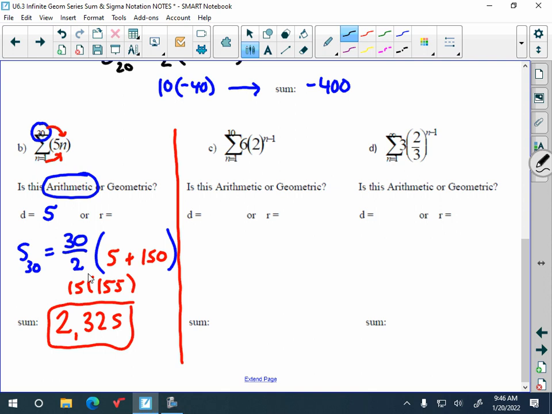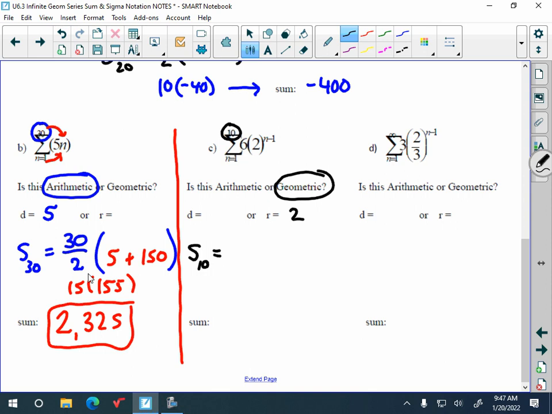All right, C. Is this arithmetic or geometric? This one's geometric, which means there's an R value. What is it? 2. And since our top number is 10, we're looking for S sub 10. But now we have to use the geometric formula, not the arithmetic. Make sure you use the finite one, not the infinite one, because there are two SN formulas for geometric.